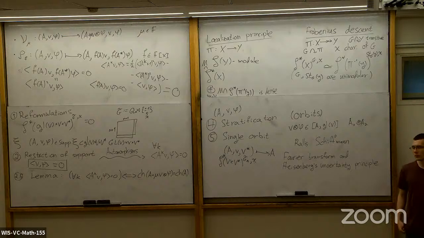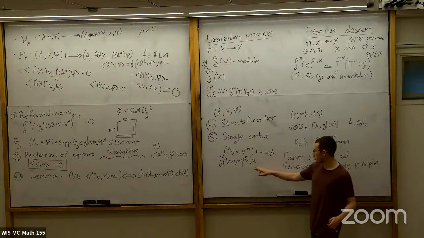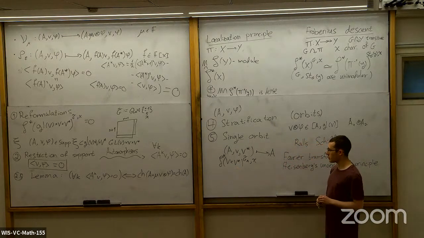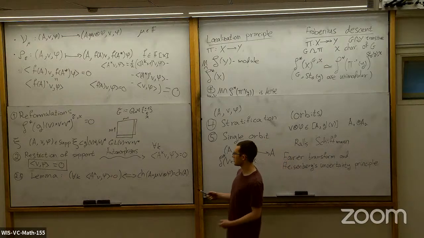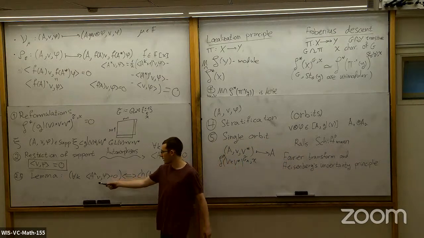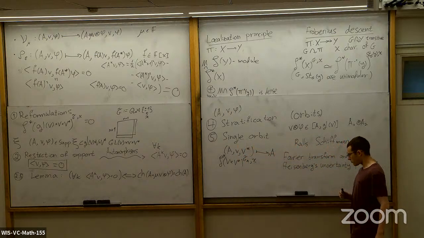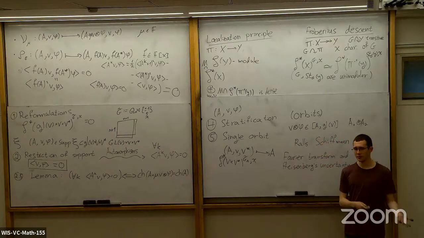What was the last step? Use Fourier transform. We talk about distributions on V times V star, right? But we have a restriction on the support of these distributions. And that is basically this condition, that for all k, we have A^k v, phi equals 0. But actually we have this condition not only for the distribution itself, but also for its Fourier transform.